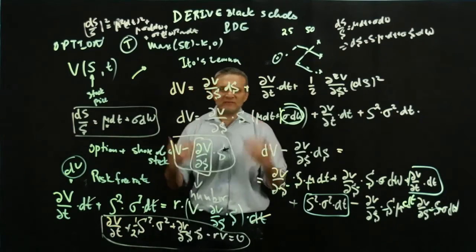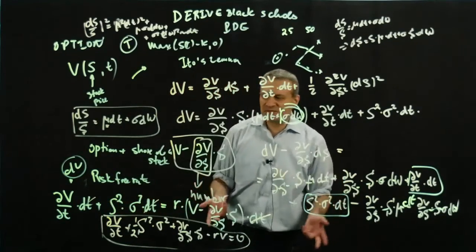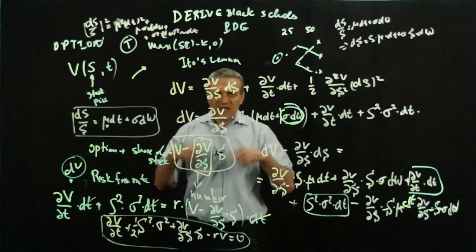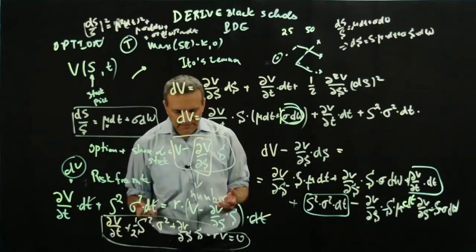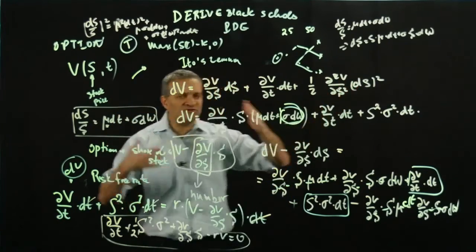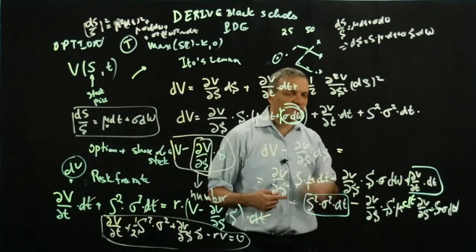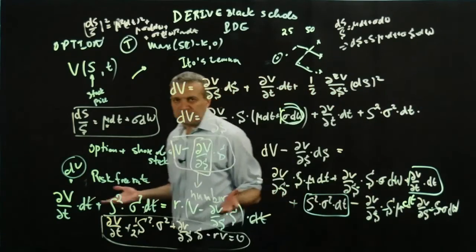If you have a perpetual option, and we may talk about perpetual options in the next video, let's say a perpetual put, the time component is gone, because whenever you start to count, it's infinite maturity.